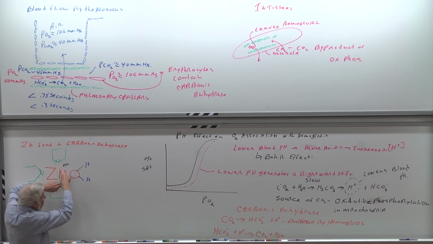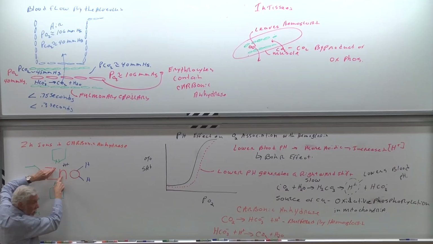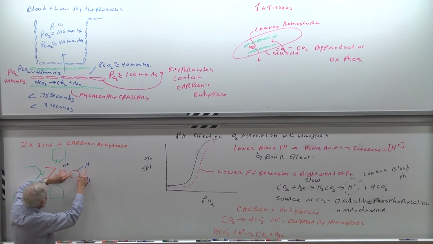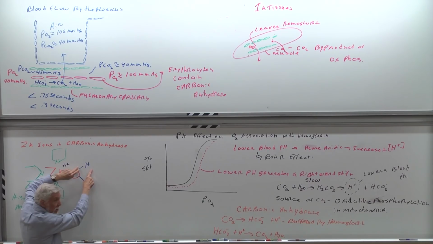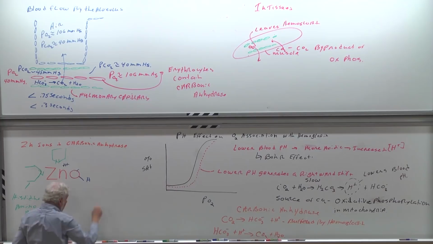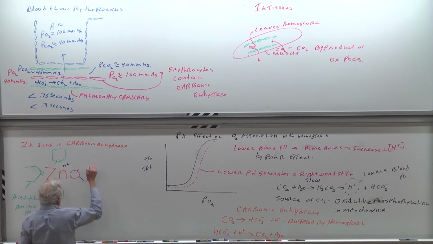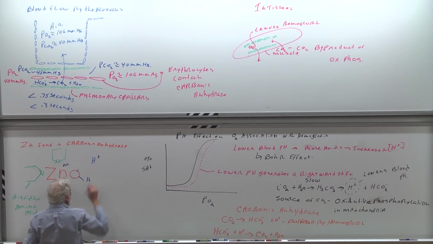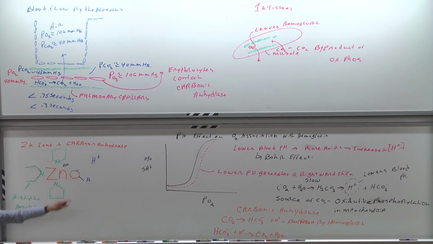So the electrons now whirling around the oxygen, being attracted to the zinc, are now going to basically steal those electrons from this hydrogen. This hydrogen doesn't have electrons very often, so basically this hydrogen just wanders off. It wanders off as a proton, so that's the source of the proton. This is where the hydrogen ion comes from.